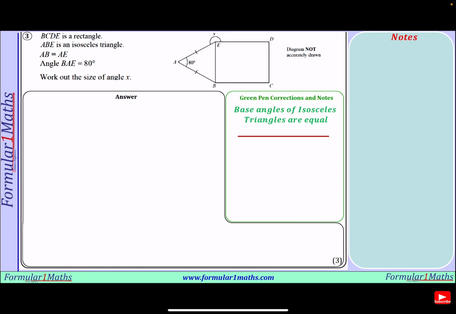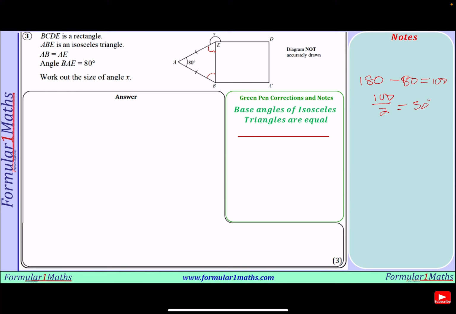So that means I can find this angle and this angle here, knowing that if I add them all, this plus that, I'll get 180. So all I have to do is take 80 away from 180 to get 100. Then I'll divide 100 by 2 because they're the same according to this rule here, and I'll get 50.